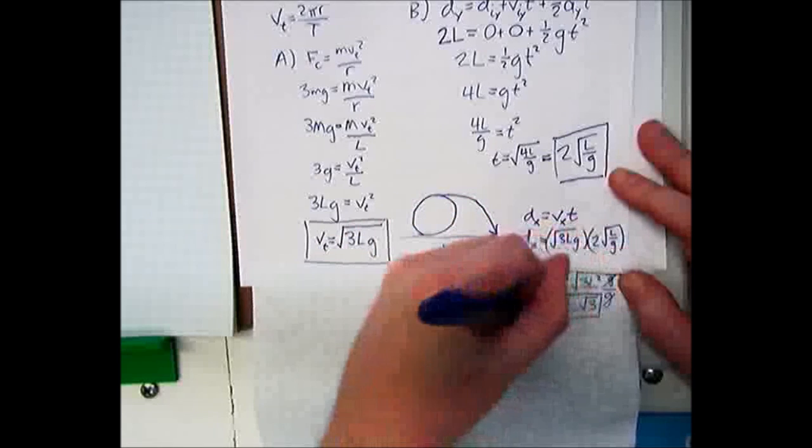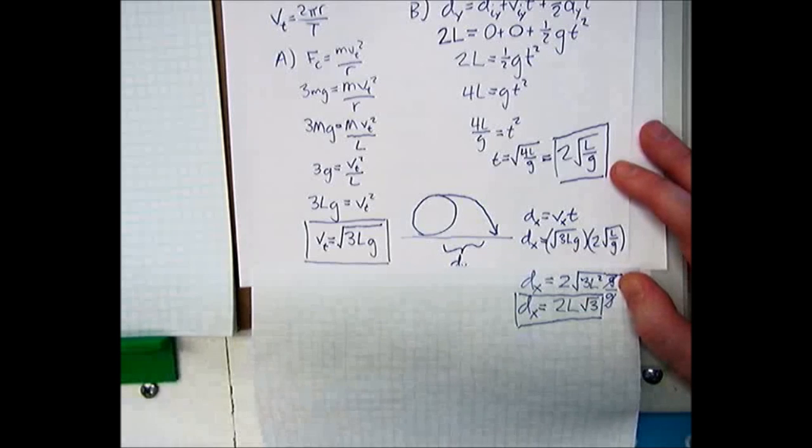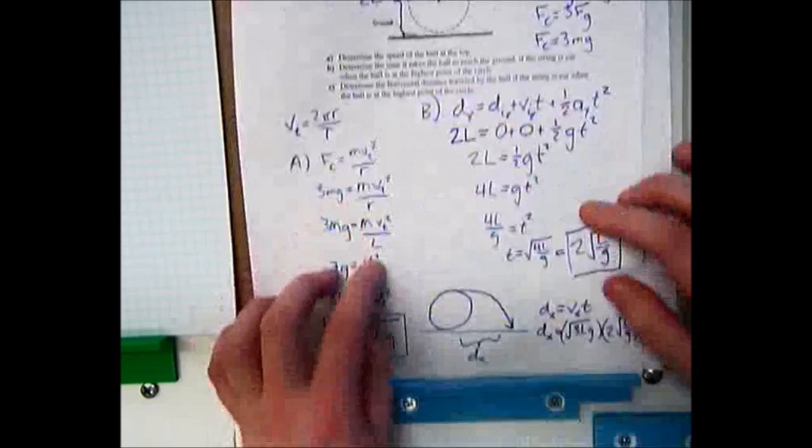And there you go, there's your final answer. It looks messy, but that is indeed the correct answer. It is a measure of how far the ball will travel horizontally, only using the variables given at the top.